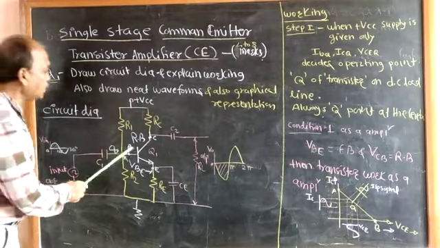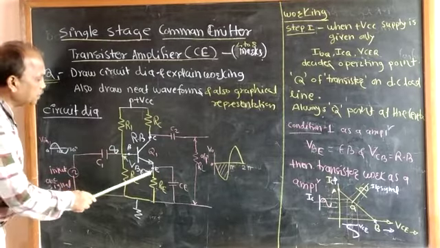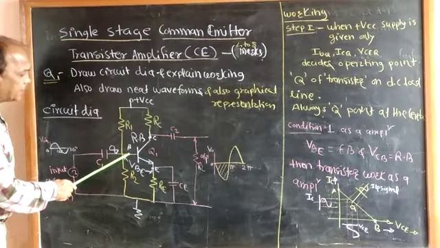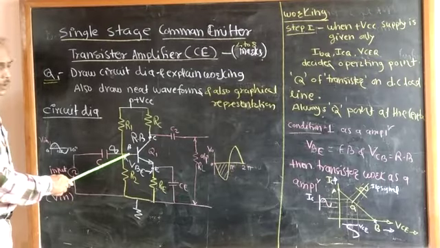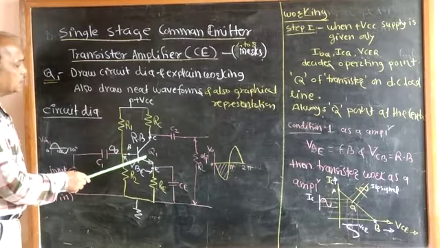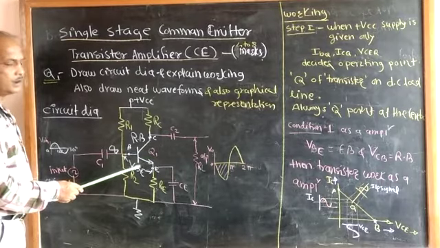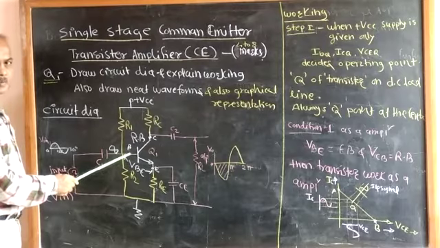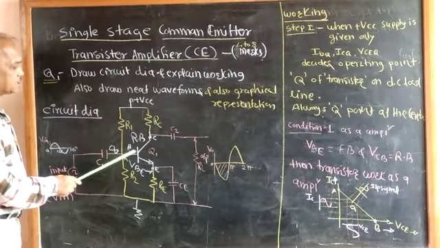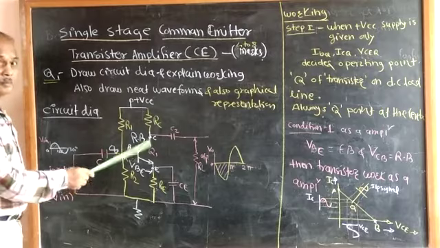So this pure sine wave signal plus the bias voltage is present at the base terminal. Now the transistor's function is to amplify the sine wave signal present at the base terminal. This amplification depends on the value of beta.